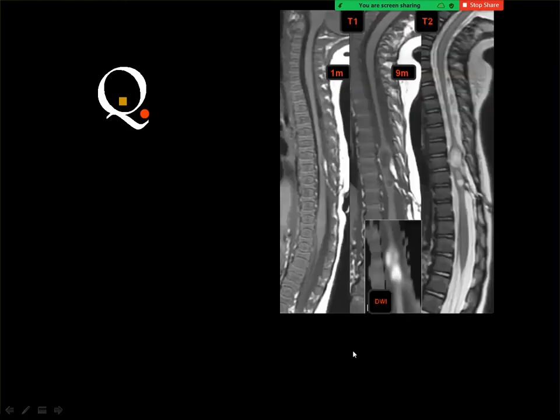Here you got a lesion in the spinal cord, and this lesion at the age of 1 month was like this.